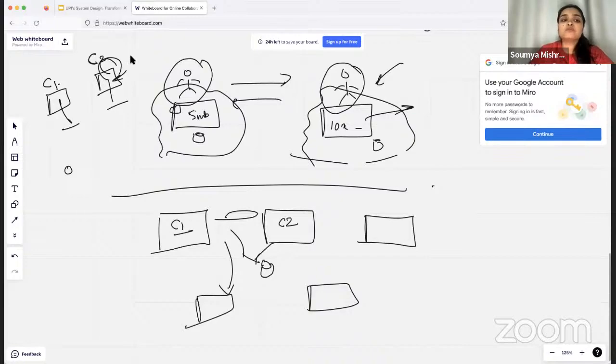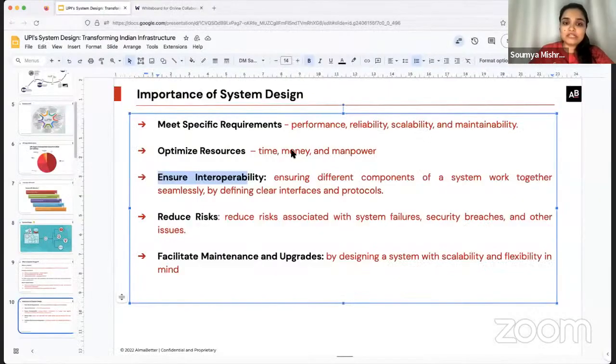So they cannot work together. This is what interoperability means: ensuring different components of the system seamlessly work together by defining clear interfaces and clear protocols.